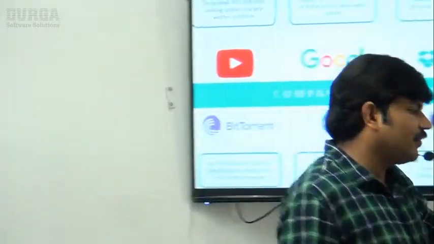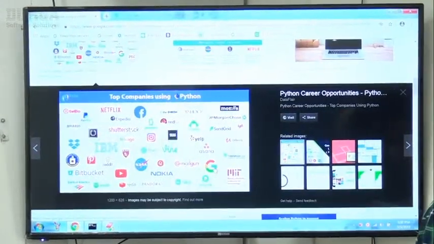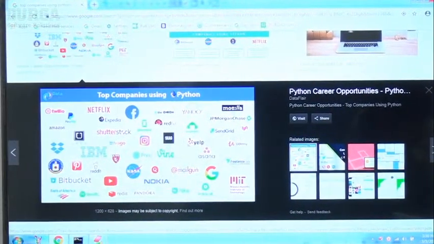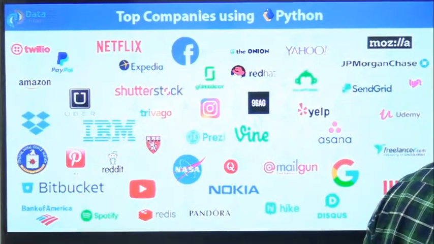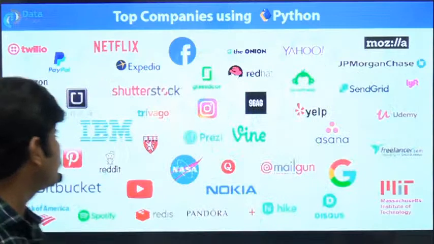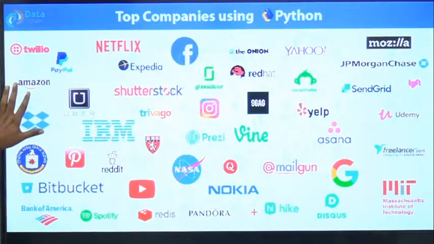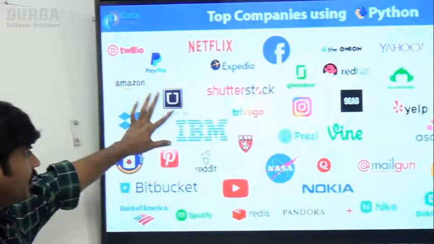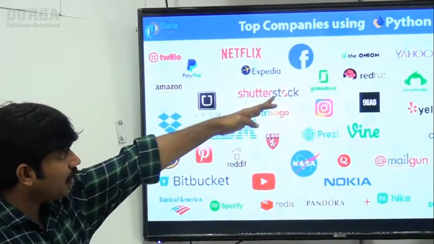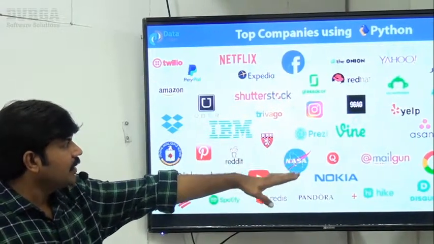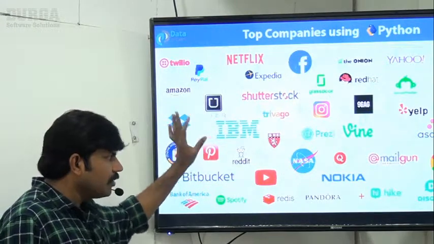If you go to another slide, almost 20 to 30 companies are covered. Top companies using Python: Amazon, Uber, IBM, Red Hat, Yahoo, Mozilla, SendGrid, Udemy. There are multiple companies using Python.